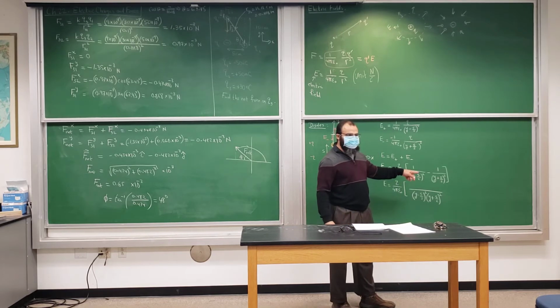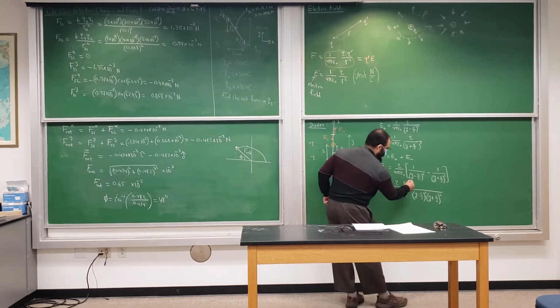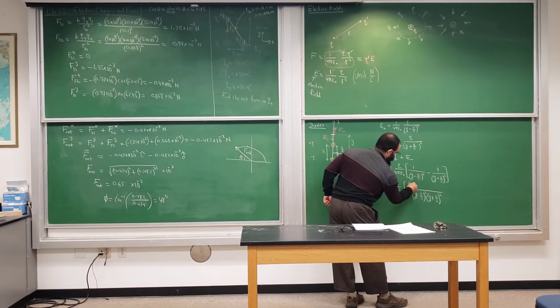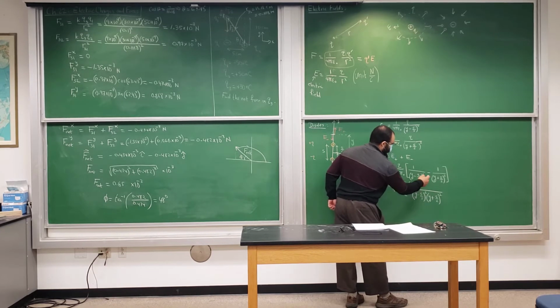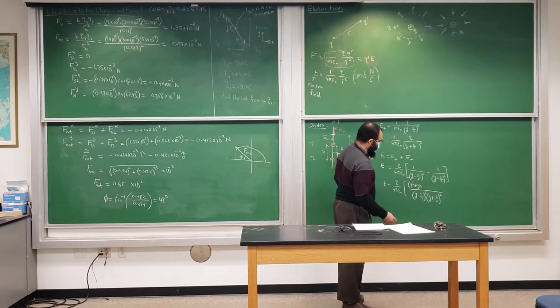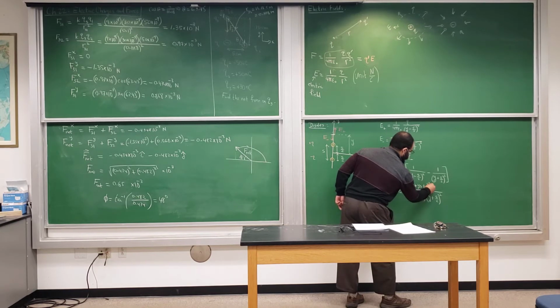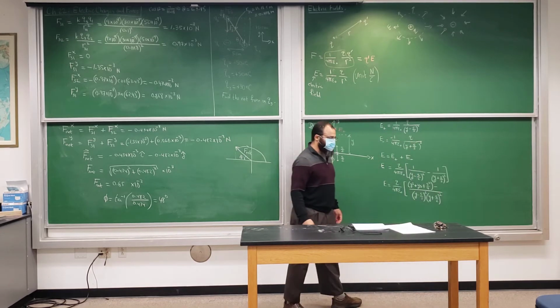So you get y squared plus twice y times s over 2, that's just y times s, and then plus s over 2 squared, which is s squared over 4.